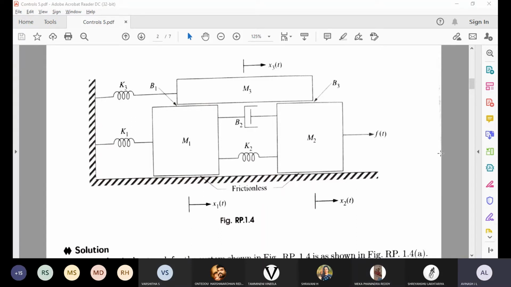Okay. Now let me open the whiteboard and let me start solving the numerical. Just give me half a minute.